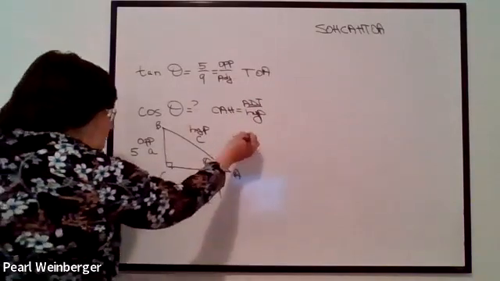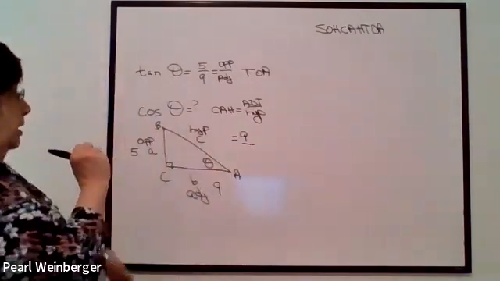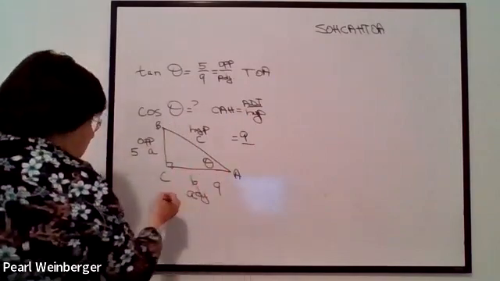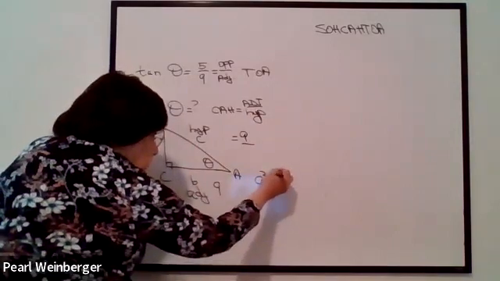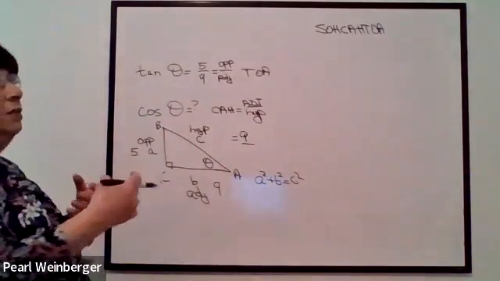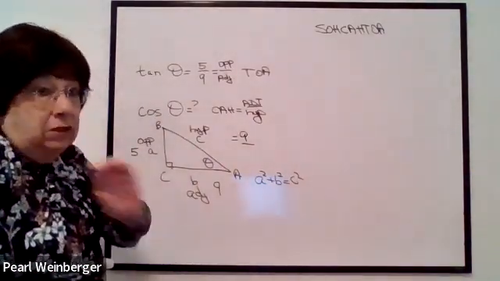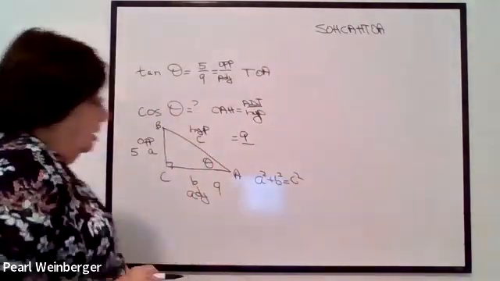I know it's 9. But I don't have the hypotenuse. And therefore, I have to do what I did before: a squared plus b squared equals c squared. In other words, they don't have to give you the exact sides that you want, because if you have two sides, you can always use the Pythagorean theorem to find the third side.